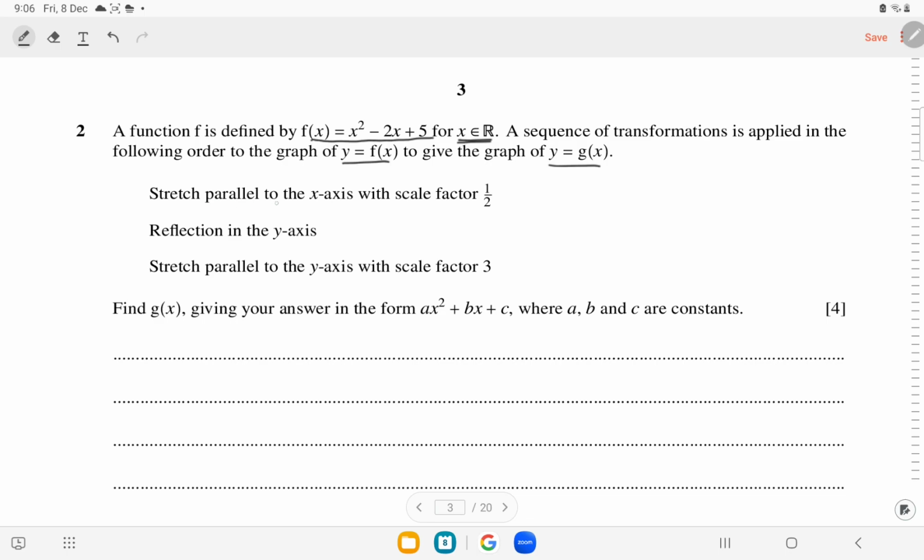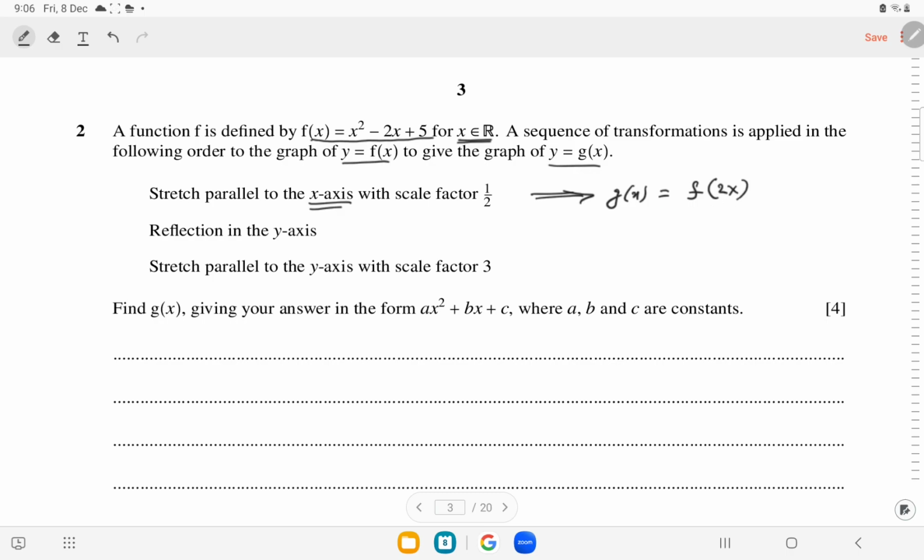Stretch parallel to the x-axis with scale factor of 1 by 2. We are well aware about the condition that g of x should be f of 2x, if you multiply the reciprocal of this scale factor within the function f.